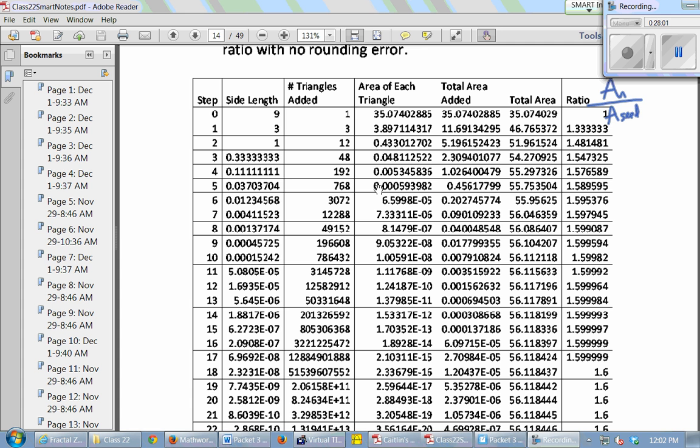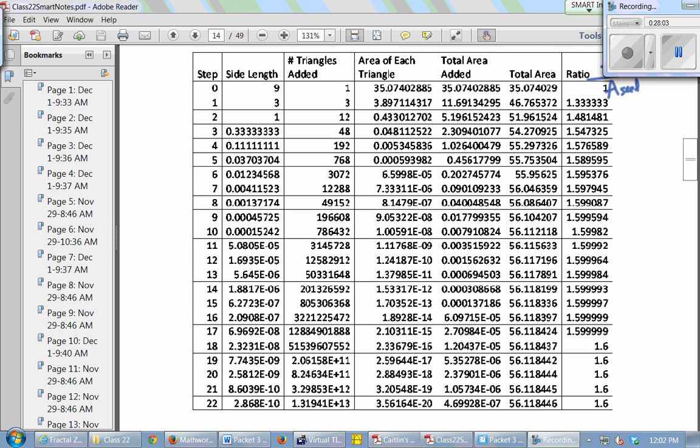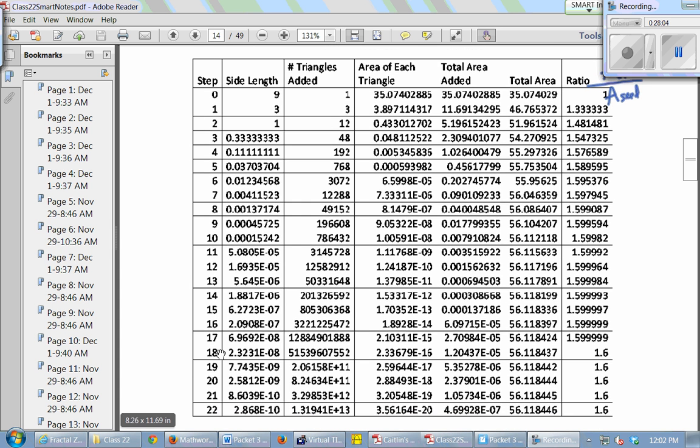Take a look at the total area column. What do you notice? What's happening to the total area as we increase the number of iterations? At first it's growing, right? 35 to 46, that's a big jump, a jump of 11 square units. 46 to 51, that's a jump of 5 units.